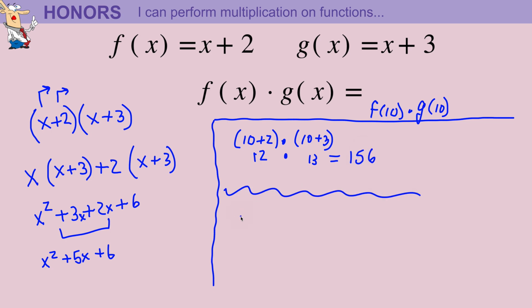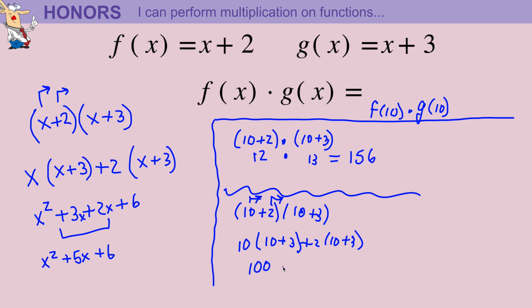Just to highlight why this distributive works, I want to go ahead and distribute. So we'll rewrite it down here: 10 plus 2 times 10 plus 3. And this time I'm going to distribute it before I combine the terms. So I go 10 times (10 plus 3) plus 2 times (10 plus 3).